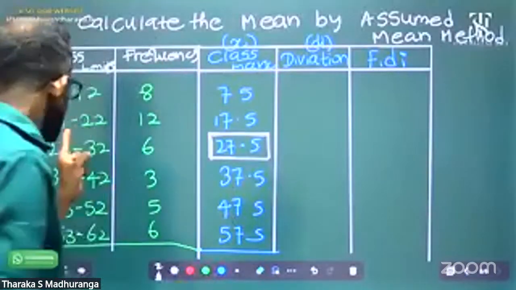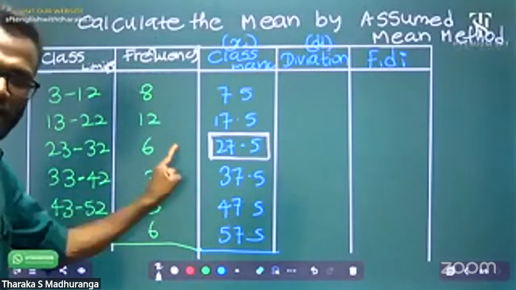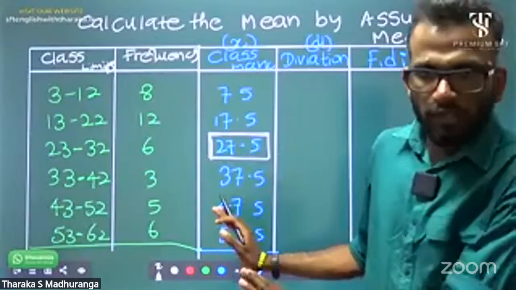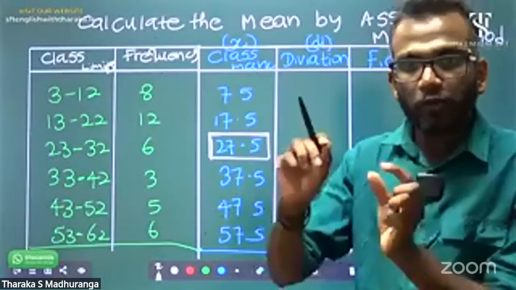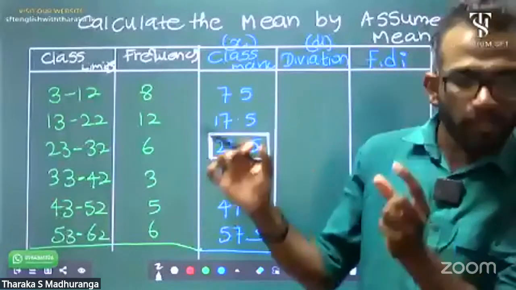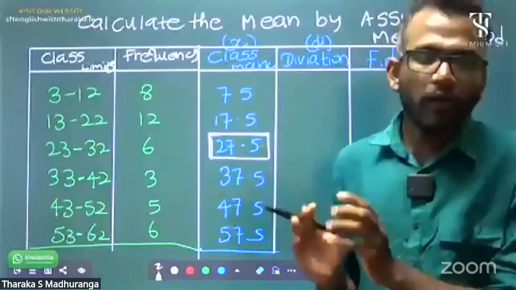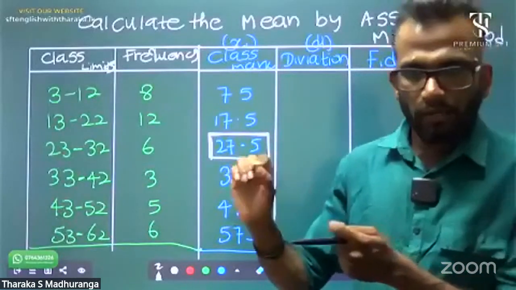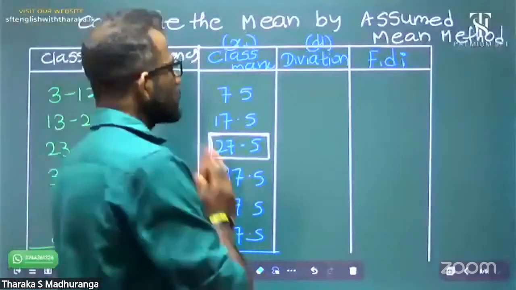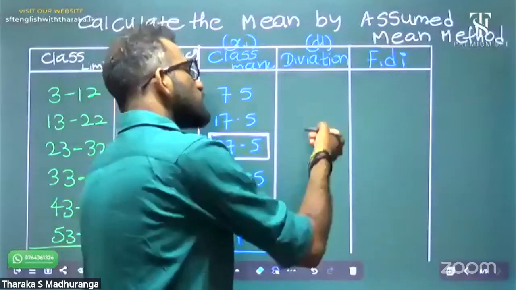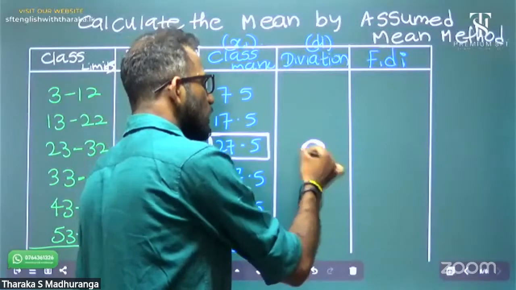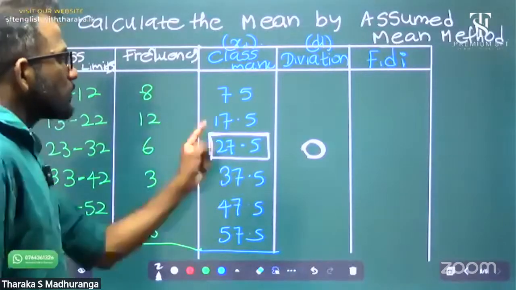I select the third class mark as the assumed mean and calculate. Deviations mean, with this assumed mean, how much is the change?